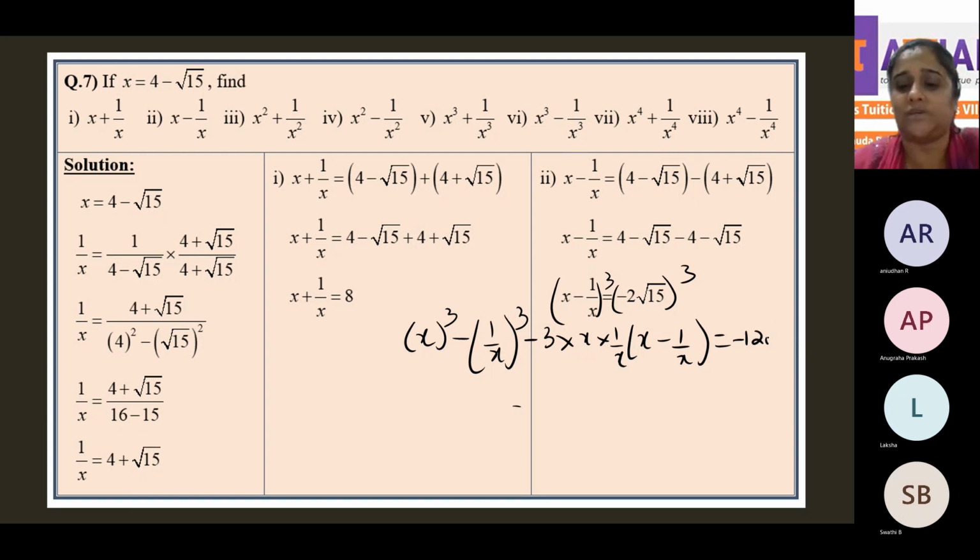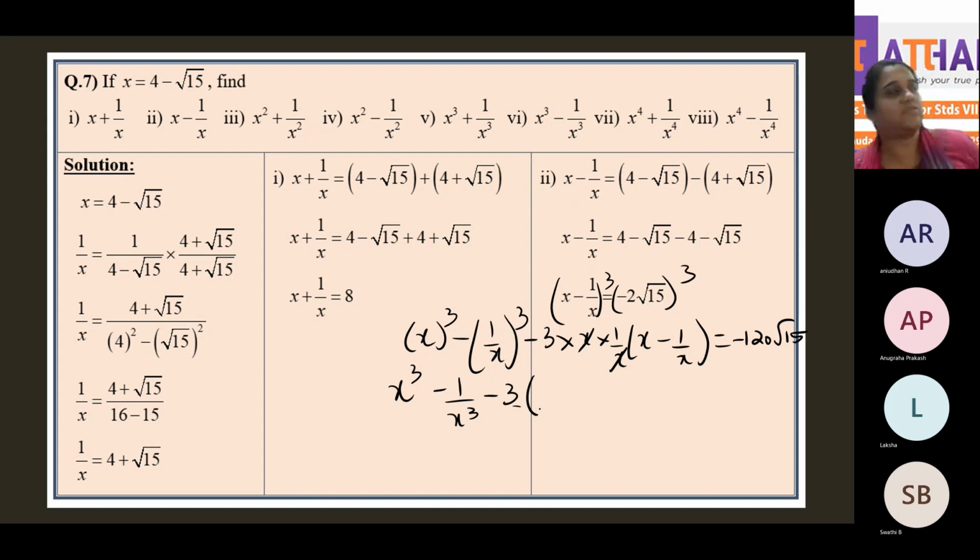Minus 120 root 15. Now, x cubed minus 1 by x cubed, x gets cancelled, minus 3 into what's the value of x minus 1 by x? Minus 2 root 15. The value of x minus 1 by x is minus 2 root 15. Substitute that, it is equal to minus 120 root 15.